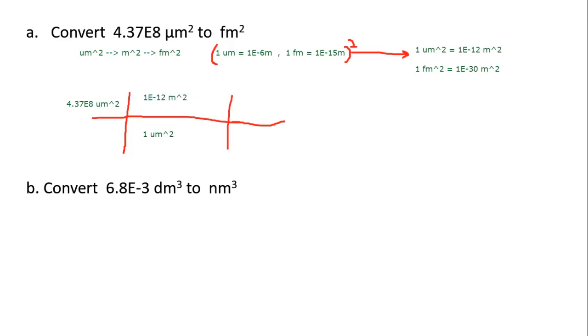Then now we're going from meter squared to femtometer squared, so meter squared goes on the bottom. Oh, almost made a mistake. And femtometer squared goes on top. So now you'll notice that all the units cancel except femtometer squared.